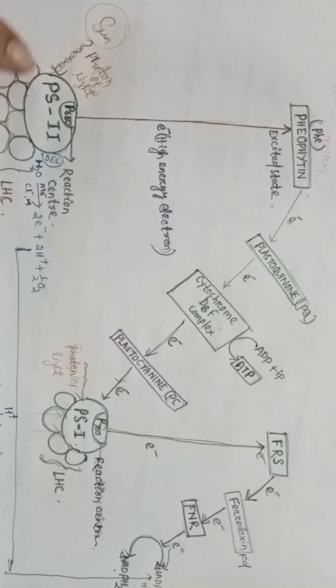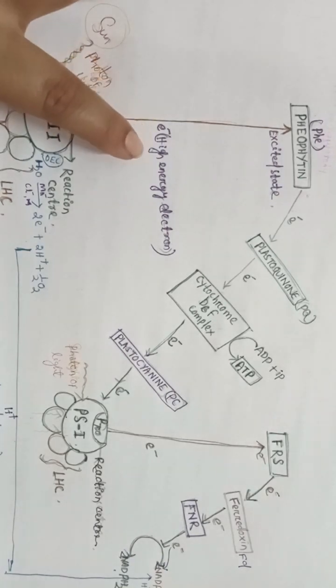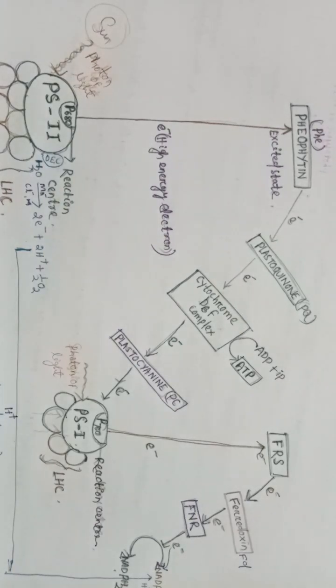What happens whenever the photon of light is absorbed by photosystem 2? The reaction center of photosystem 2 is activated, becomes excited, and releases its electron. And this electron is a high energy electron.